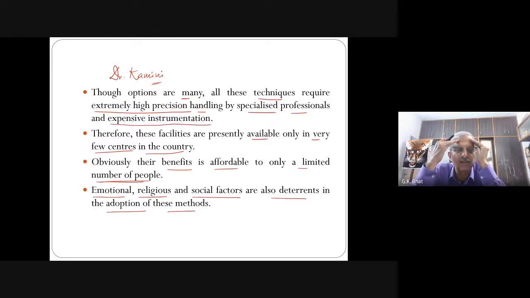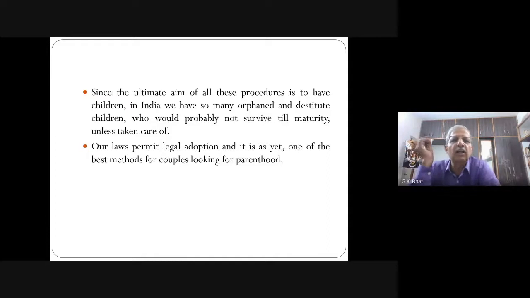Therefore, a childless couple often does not go to the doctor immediately to get their problem solved. Since the ultimate aim of all this procedure is to have children, in India we have so many orphaned and destitute children, those without any proper caretaker, left unparented, who would probably not survive till maturity unless taken care of.